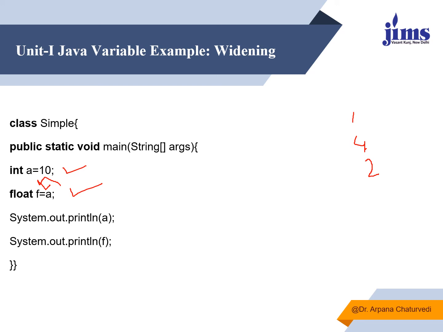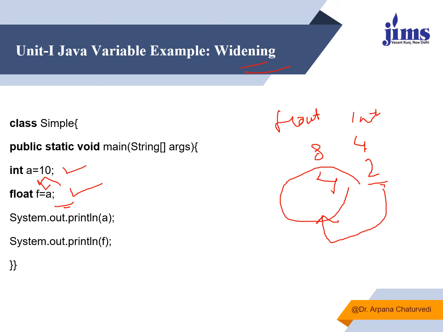Whereas float is 4 bytes or 8 bytes. So if I try to store a 2 byte value into 4 bytes of memory space, I am basically widening it. So this is implicit typecasting, wherein a smaller data type gets typecasted into a larger data type.